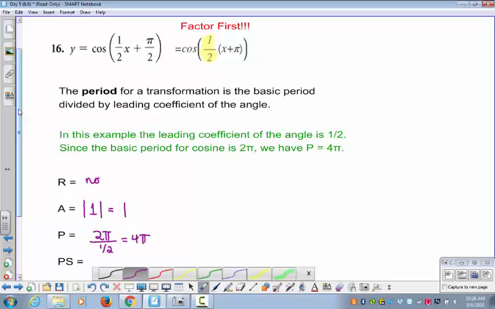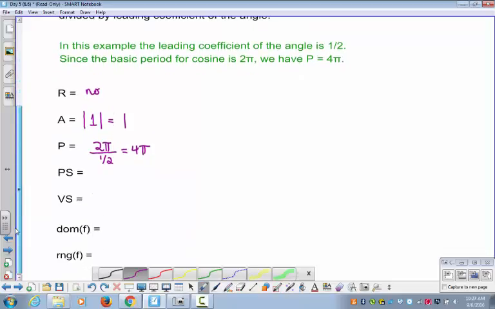We see an addition of pi, so the phase shift is actually left pi radians. So I'll just indicate that by putting a minus pi, the minus meaning you're going to shift to the left. You could say shift left pi if you want, but that's going to be how I'll write it. That means a negative shift means to the left.